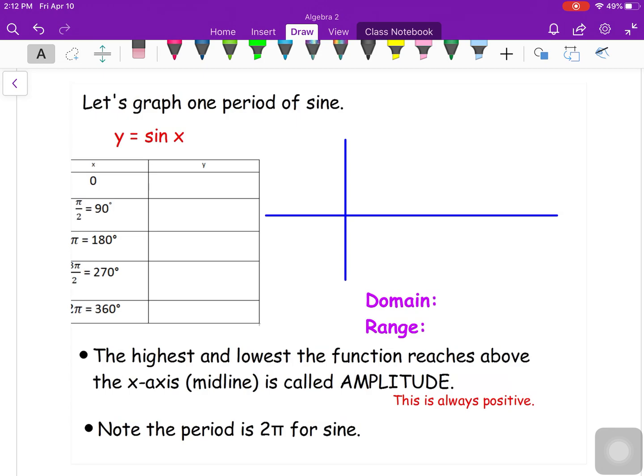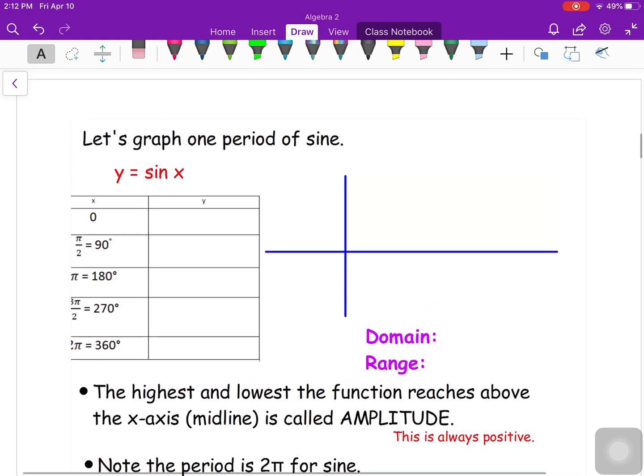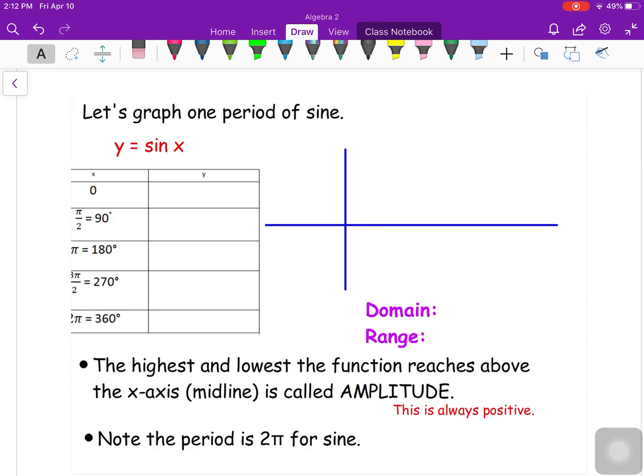So let's actually graph our sine function. So again, our parent, with taking away a, h, and k, and this time b as well, is y equals sine x. So if I think about sine, I'm going to look at it with 5 critical points.